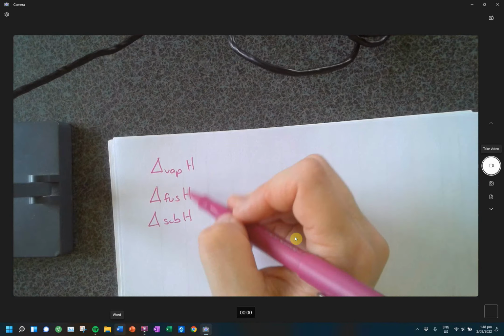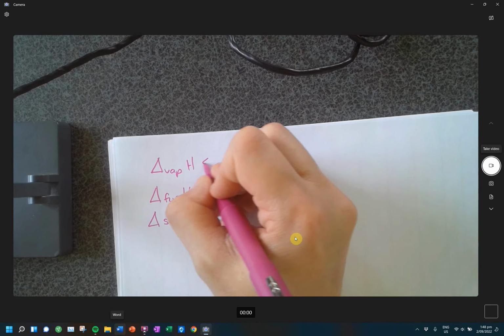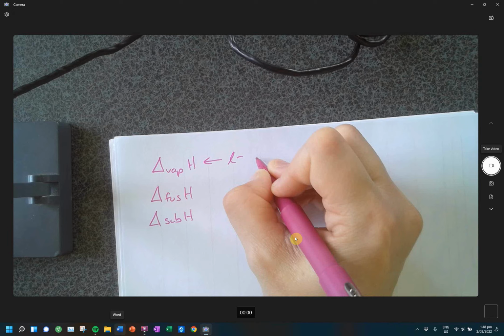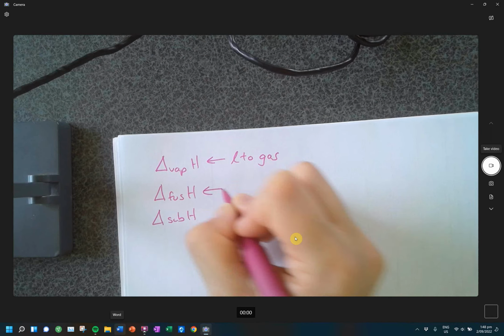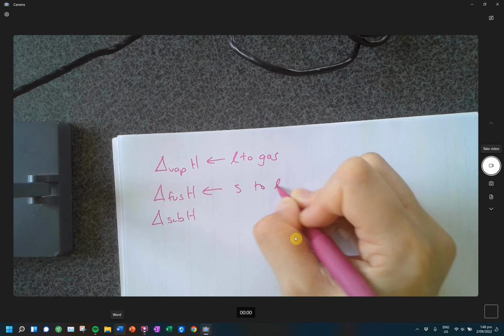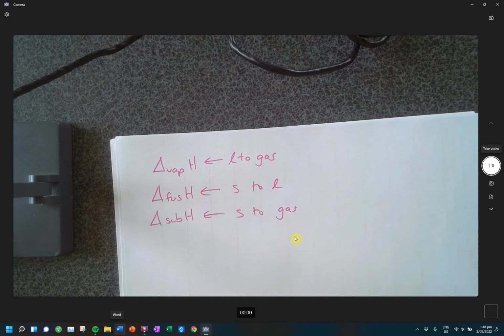These are the energy required to do those things. This one is liquid to gas. This one is solid to liquid. This one is solid to gas.